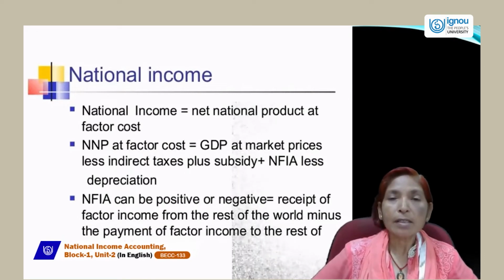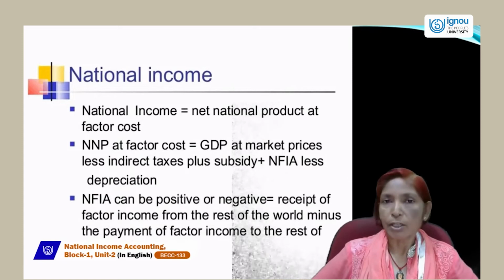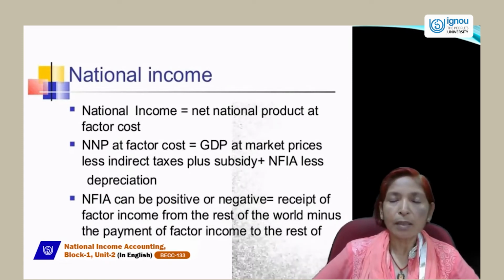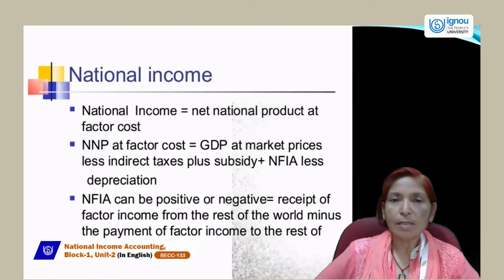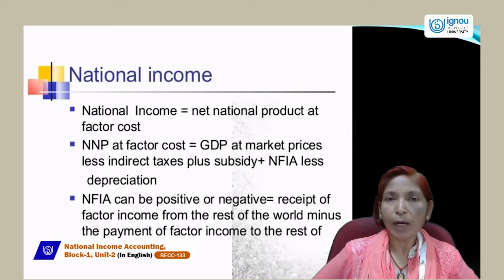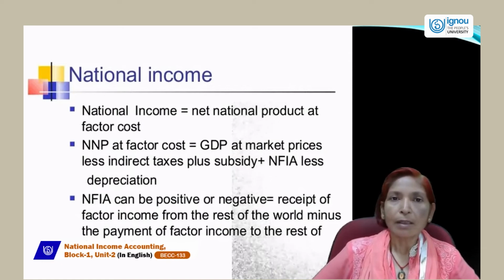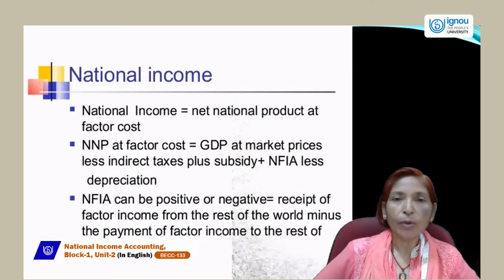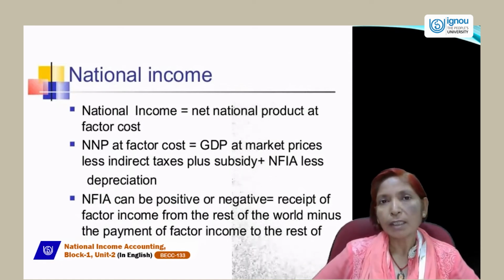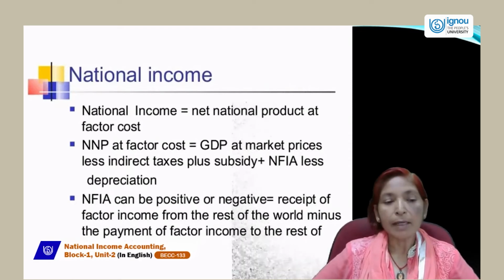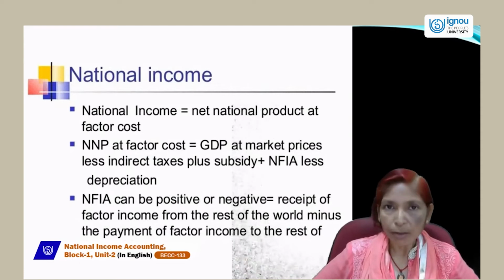Okay. Next is domestic and national. There are two concepts. One is domestic: GDP is gross domestic product, and GNP is gross national product. The basic difference between these two concepts is only one, that is domestic and national. And we can convert domestic into national and national into domestic only by adding one thing, that is net factor income from abroad.